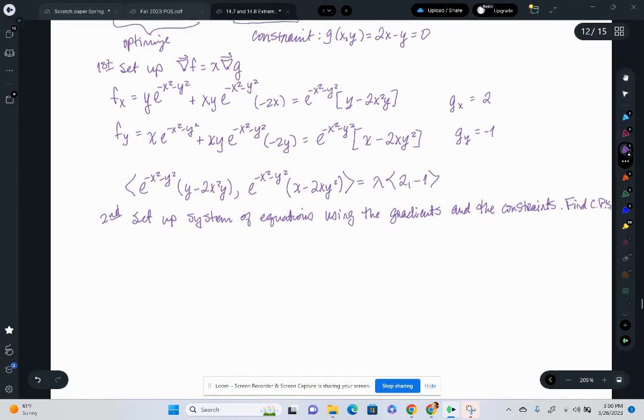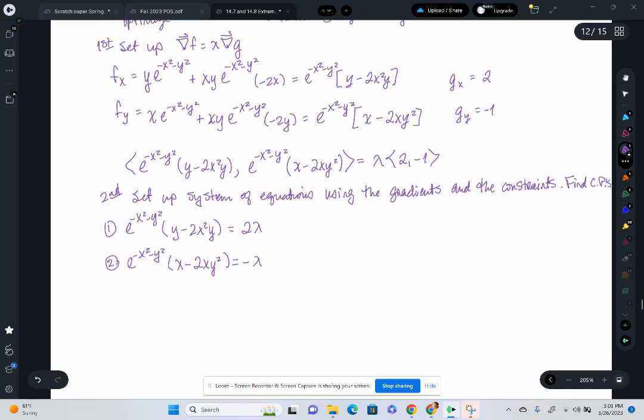Okay, so the first equation that I get is e to the minus x squared minus y squared times y minus 2x squared y is equal to 2 lambda. The second equation says e to the minus x squared minus y squared times x minus 2xy squared is equal to negative lambda. Okay, and the third equation is my constraint, and it says 2x minus y is equal to 0.